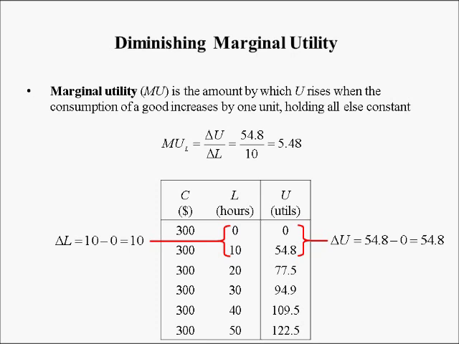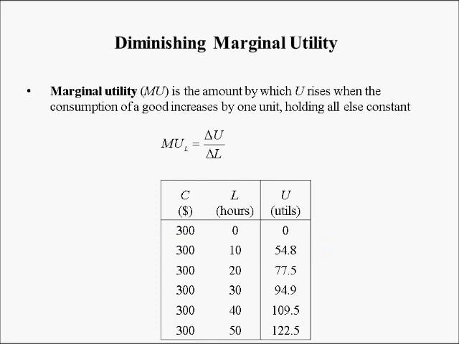So on average, from 0 to 10 hours, when leisure goes up by an hour, our utility goes up by 5.48 utils. Then, if we go from 10 hours to 20 hours of leisure, leisure goes up by 10 hours. Utility goes up by 77.5 minus 54.8, for an increase of 22.7.